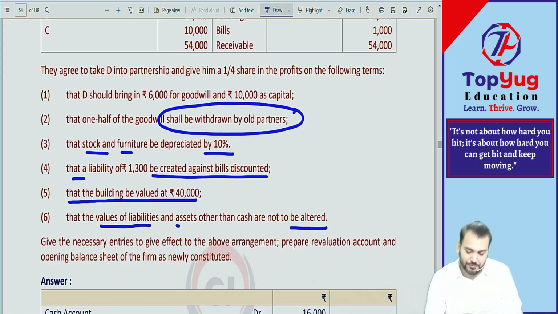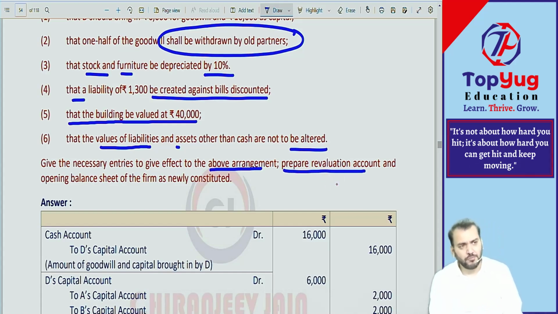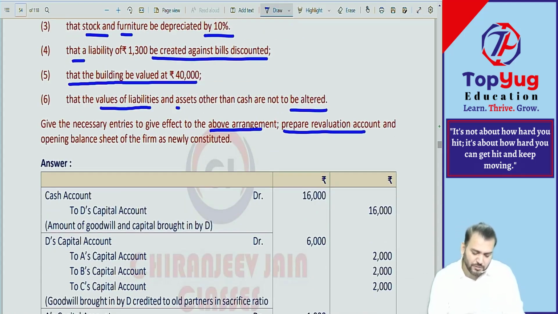Memorandum revaluation account. Correct. Keep the necessary entry to give the effect of the above arrangement. Prepare revaluation account. They have asked you to prepare a revaluation account. Means you can prepare a memorandum revaluation account or a revaluation account, and then with the revaluation profit, a single journal entry. That single journal entry you remember: gaining partners to sacrificing partners capital account, and an opening balance to the firm of the newly constituted firm.